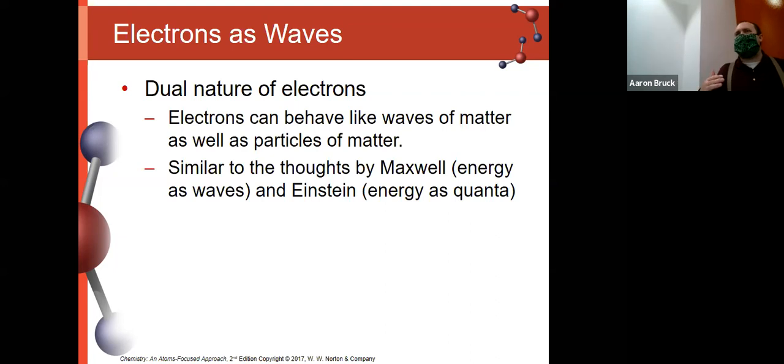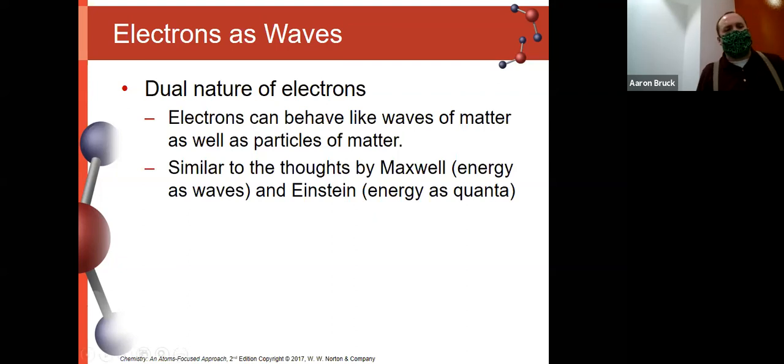We've also begun this chapter with the idea that electrons are particles. Small, negatively charged particles. But James Clerk Maxwell, Albert Einstein, a couple of other contemporaries of that time, Louis de Broglie, throw that kind of idea against the wall as well.